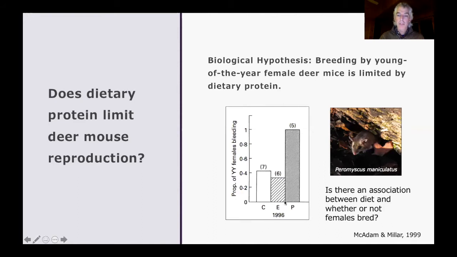And you can see from these bar plots that the proportion of females that bred was much higher in the protein supplemented populations than in the controls or the energy supplemented populations. So in this case, then, I could potentially have used counts of the number of females that bred or didn't breed in each of these three scenarios to test whether there's an association between diet and whether or not females bred during the summer of their birth.